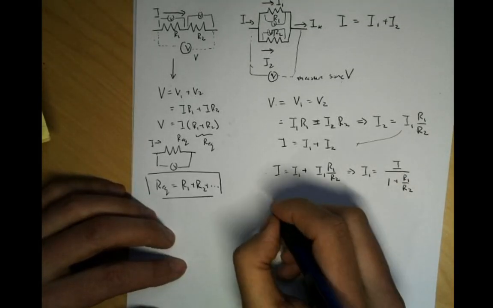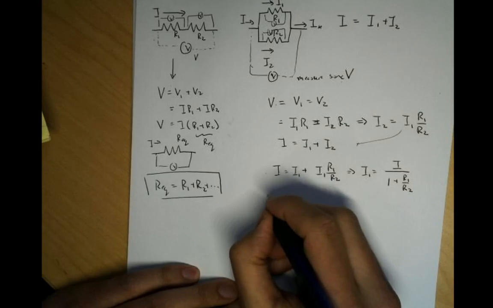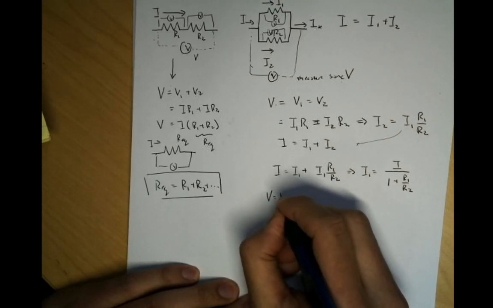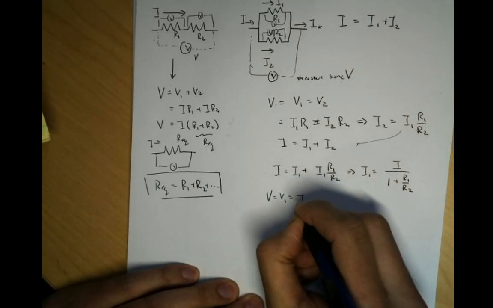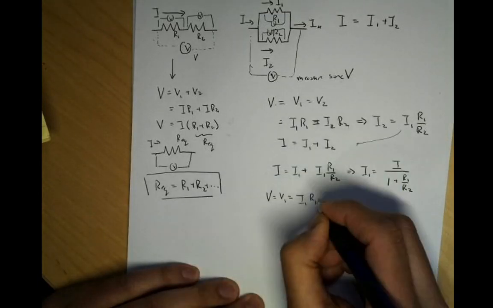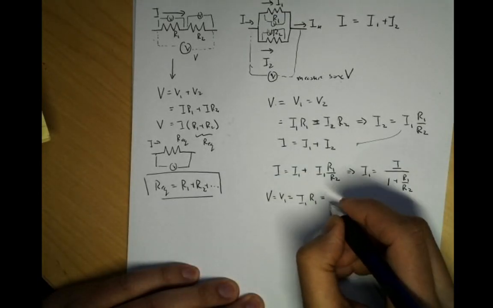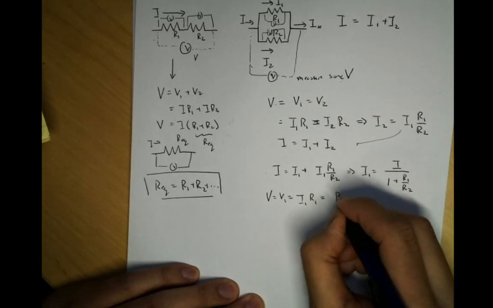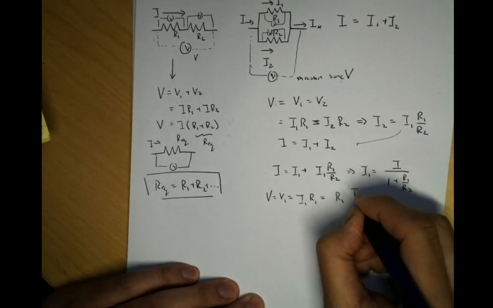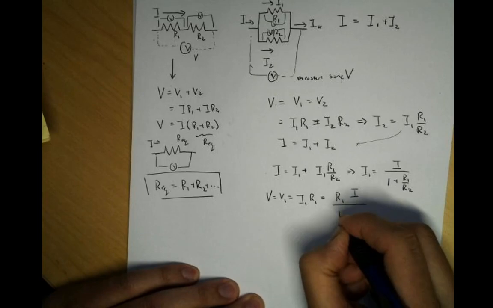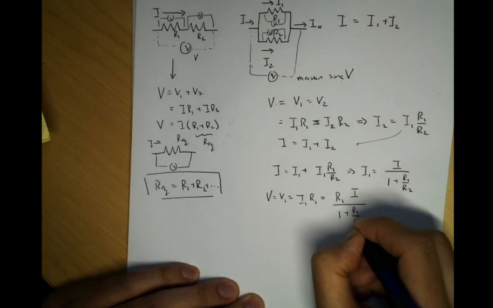I also know that V, which is equal to V1, is equal to I1 R1, using this term again. This is equal to R1 times I divided by 1 plus R1 over R2.